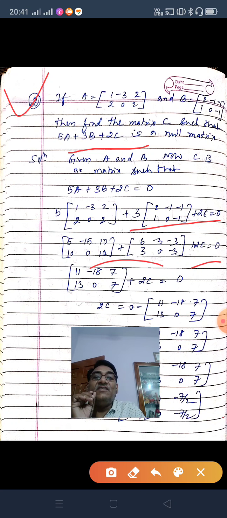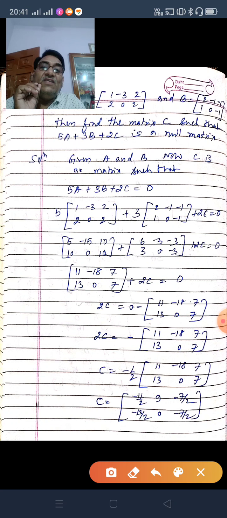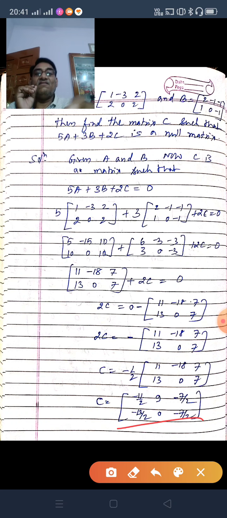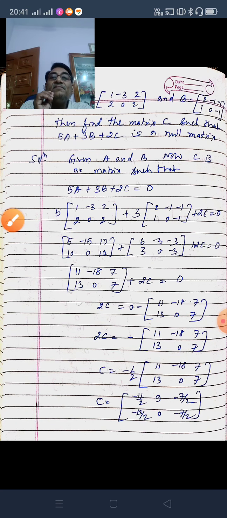After transposing this matrix, you will get 2C is equal to 0 minus this matrix. Then 2C is equal to the matrix 11, minus 18, 7 and 13, 0, 13, 0, 7. Then C is equal to minus half of this; multiplying by half, you will get your answer. This is the answer.